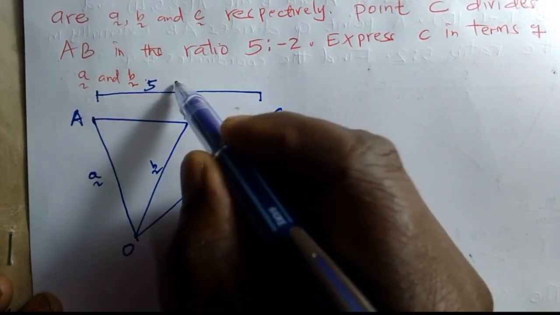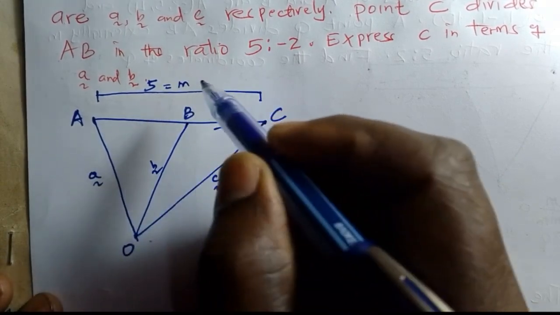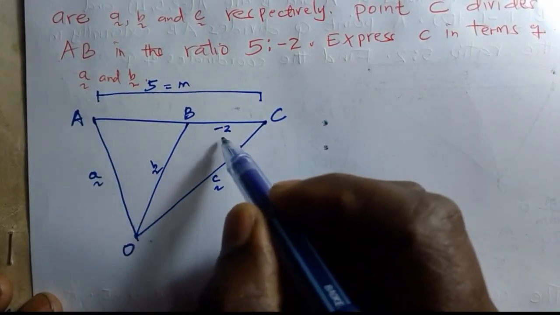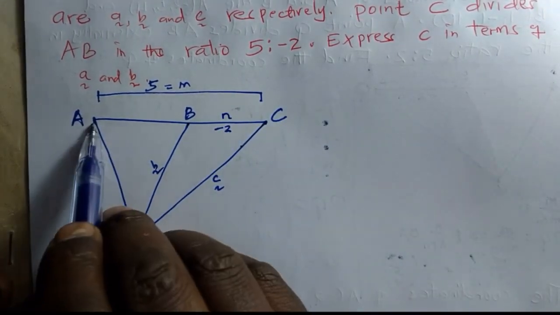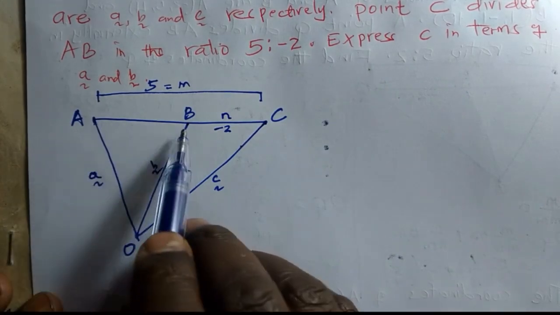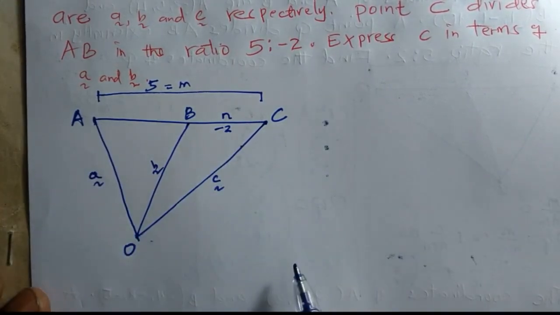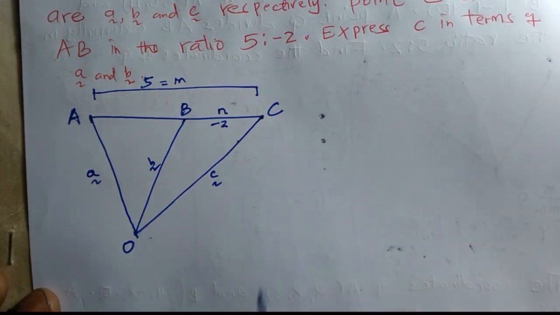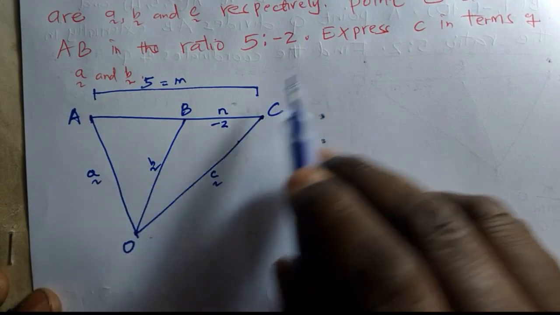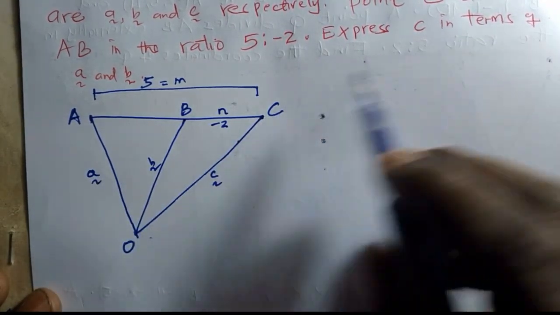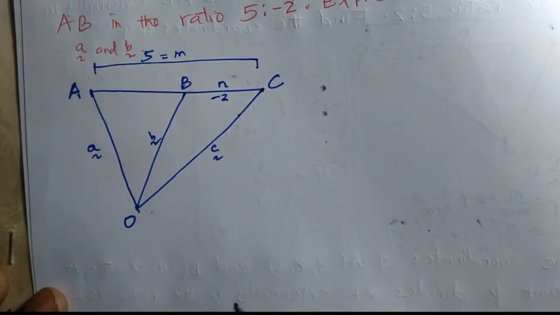If I say this one is our M, and then this one is going to be my N, because from here up to here is M, from here up to here is N. So if I want OC, express c in terms of a and b, it is simple. You use this ratio theorem.